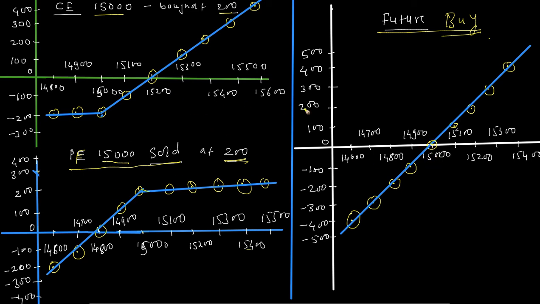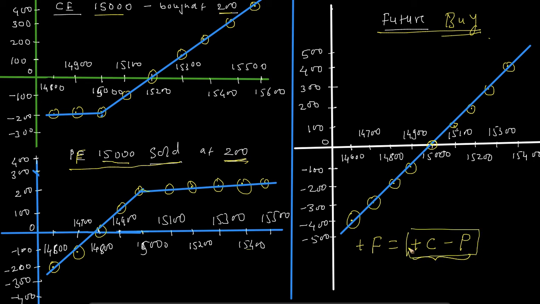That means rather than buying a future directly, I can buy a call option and sell a put option. So buying a future is equal to buying a call option and selling a put option. If I don't want to buy a future directly, at that time I can buy a call option and sell a put option.